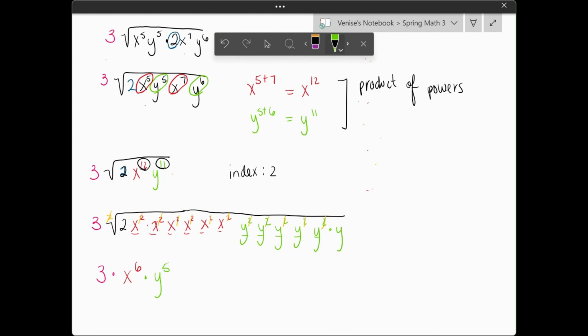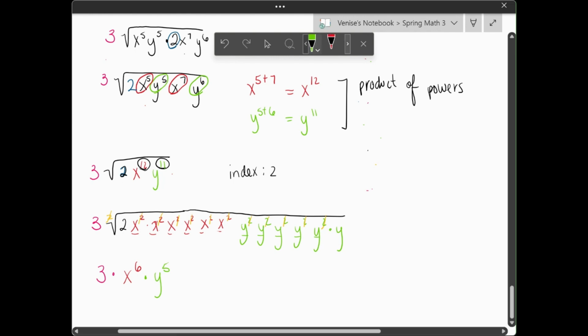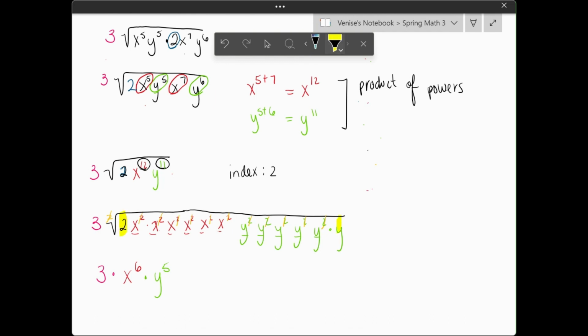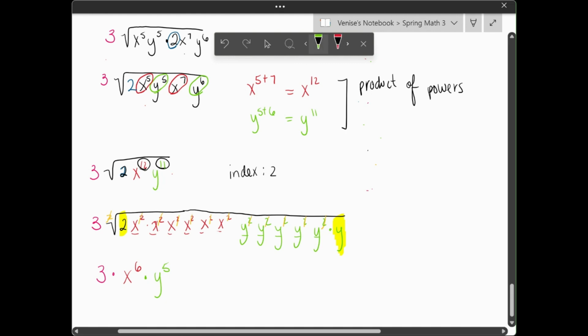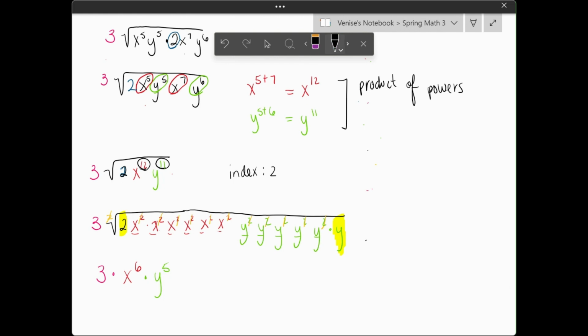And then we have the leftovers. Leftovers 2 and y. They stay inside the radical symbol. 2y. That's why our answer is this.